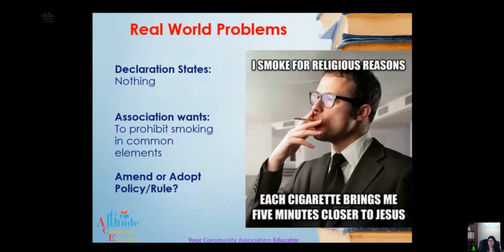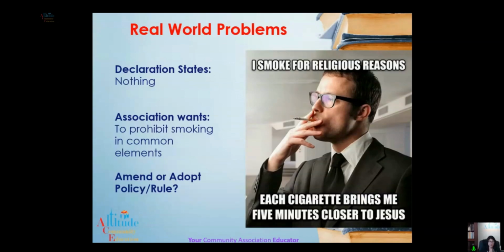Declaration says nothing. Okay. The association wants to prohibit smoking in common elements. Okay, so what does that mean? Well, can we do that? The answer is yes, we can do it through a rule. Why can we do it through a rule? We can do it through a rule because we're talking about common elements.